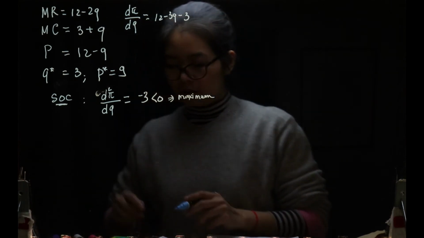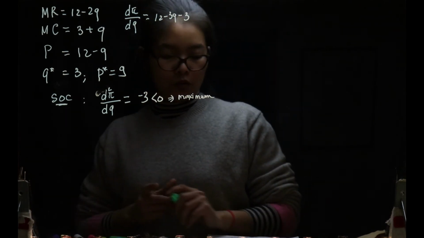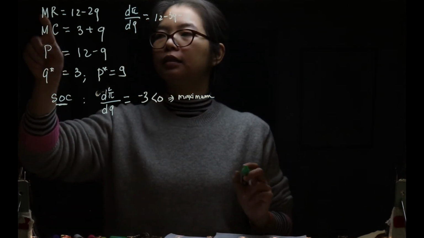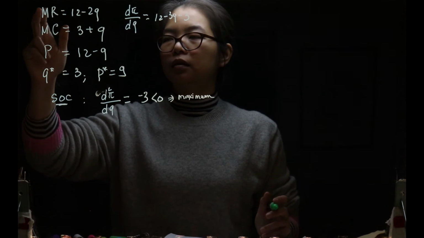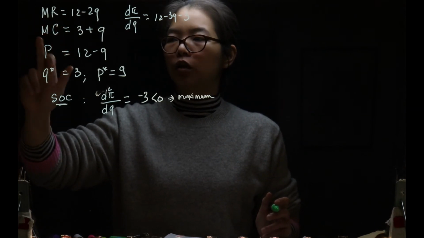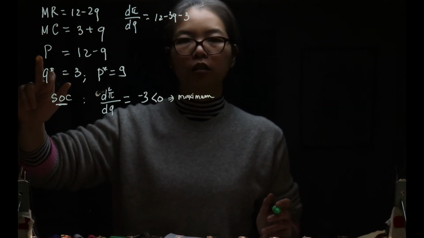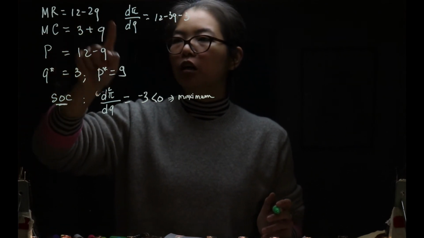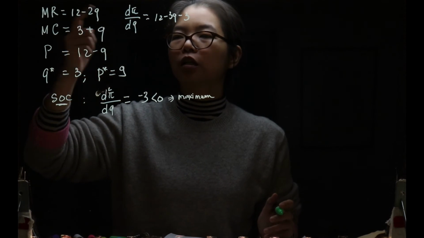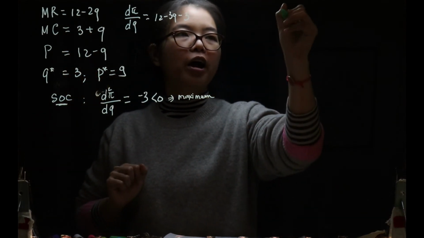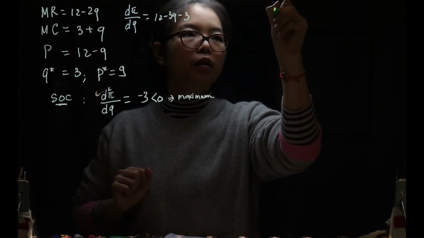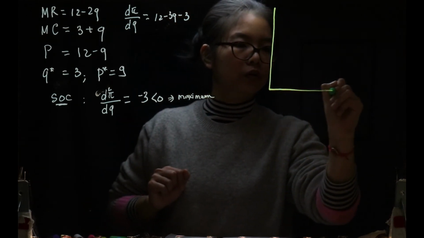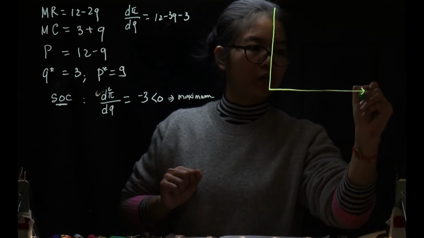Alright? So now let's draw. The thing to realize here is I wrote down again the marginal revenue, marginal cost, and the demand function of the situation. And they're all functions of Q. So we could combine them in one graph of Q against cost or revenue.